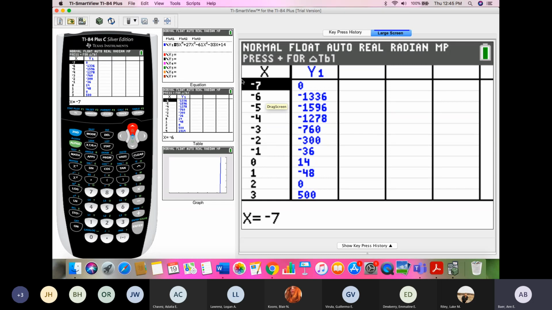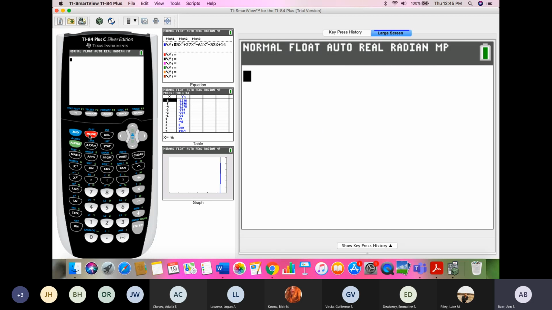So that's where we're going, and we're going to learn how to enter the function. Let's clear up the calculator as much as possible. I'm going to do a second mode to quit, just to center myself here. And what we want to do is now enter our function.